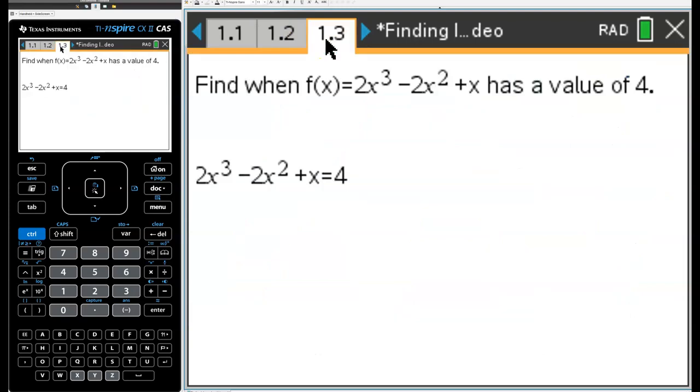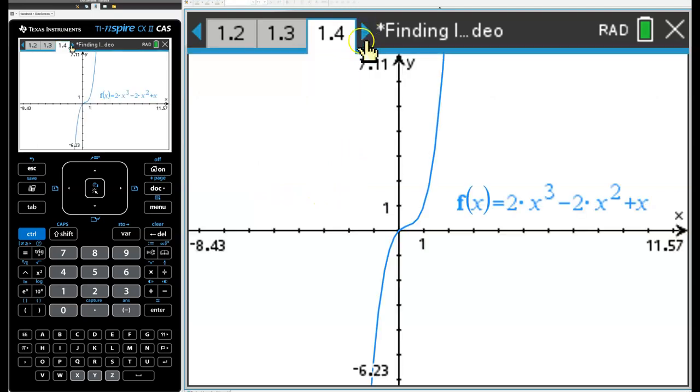All right, another example. Another way this question is posed says, find when f of x, which is equal to 2x cubed minus 2x squared plus x, has a value of 4. Really, what this question is saying is, when is 2x cubed minus 2x squared plus x equal to 4? I have graphed that function here and called it f of x, and I'm going to graph the right side, which is just 4.